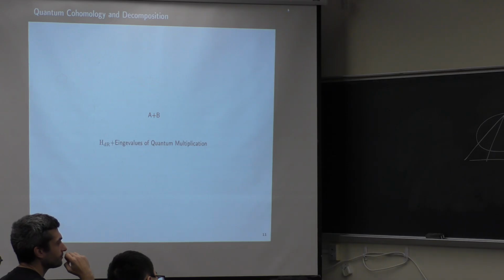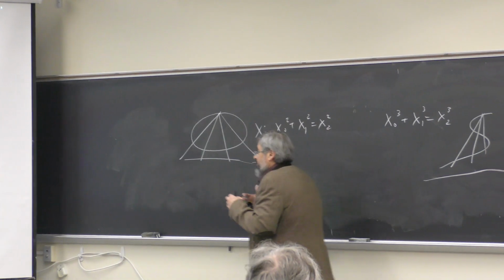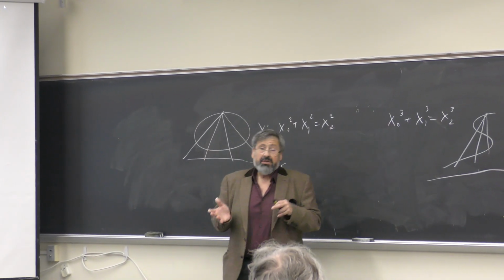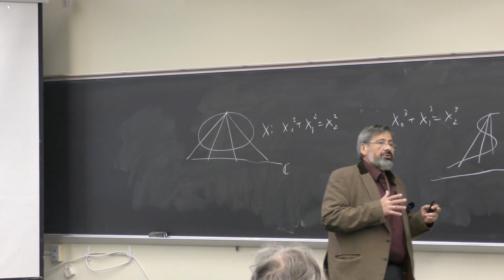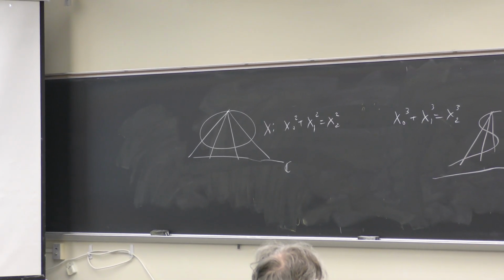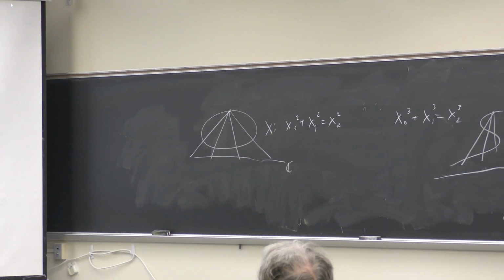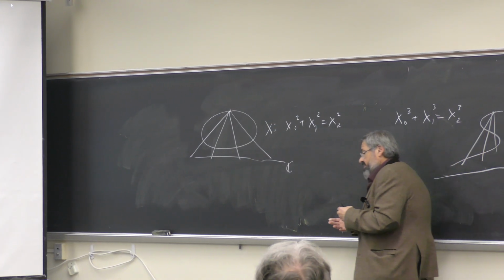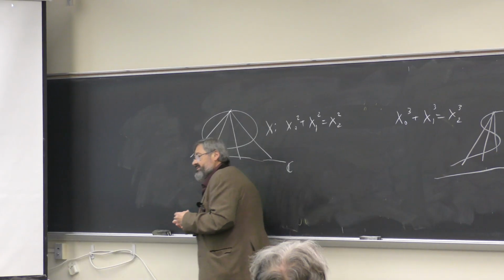So now, instead of looking at this mirror, we are going to think about our manifold, X, the cubic, as an algebraic variety, but also as a symplectic manifold. And the interplay of these two theories is what we are going to try to explore to get this new birational invariant.